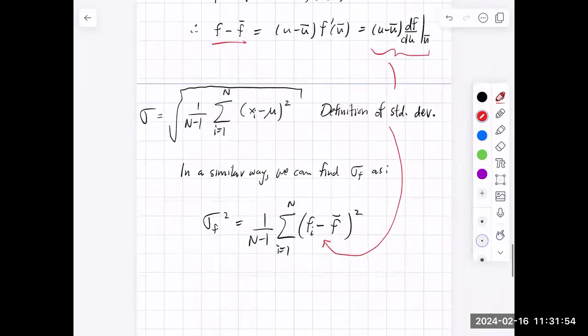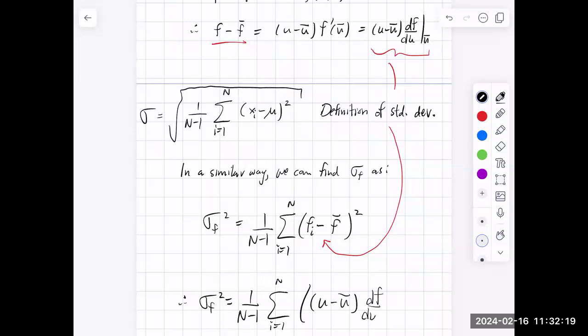We're going to have sigma F squared equal to 1 over n minus 1 times the sum of U minus U bar times df du evaluated at U bar, and then we have to square all of that.